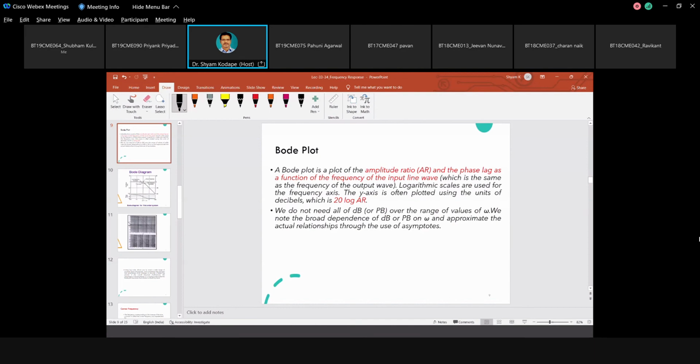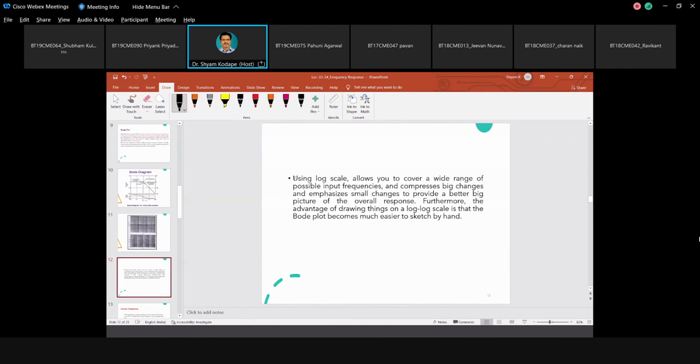So let me tell you how it will work. Generally we use the log scale. Using log scale allows you to cover a wide range of possible input frequencies, compressing big changes and emphasizing small changes to provide a better big picture of the overall response. Furthermore, the advantage of drawing on a log scale is that the Bode plot becomes much easier to sketch by hand.